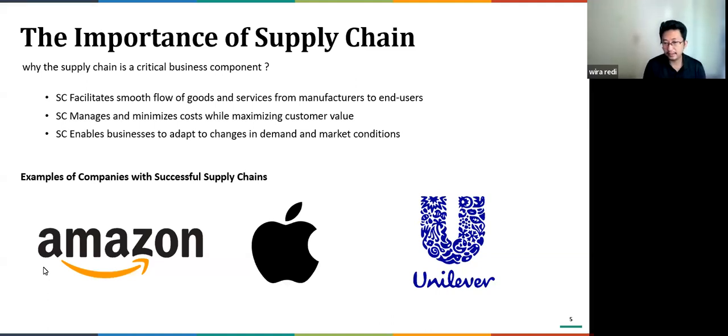And Apple, as I mentioned earlier, has a very complex supply chain because their products are being used everywhere around the world. Sometimes we can also see that they have challenges, especially during the launch of new products.